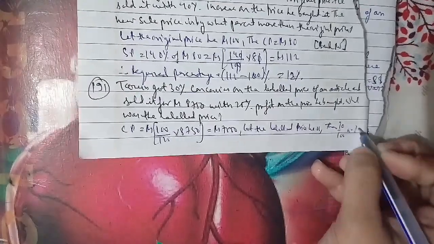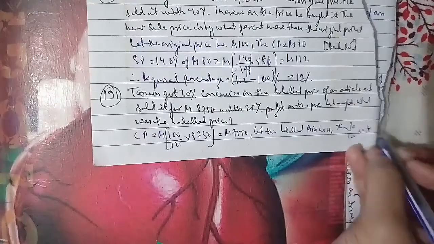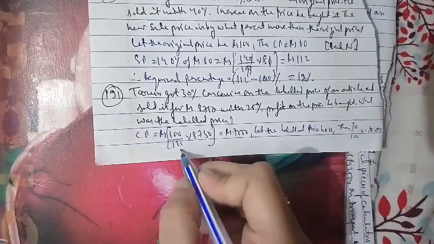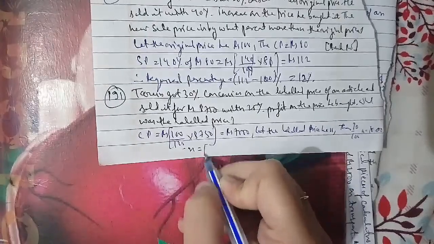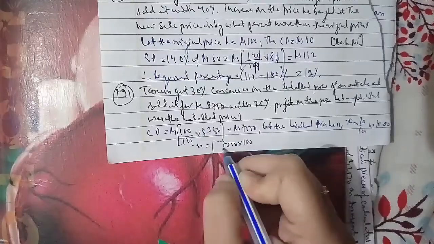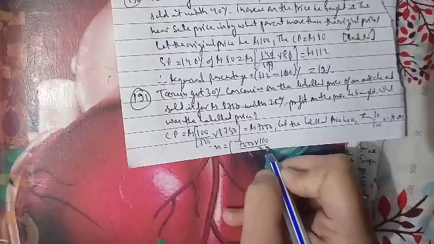The 0 is cancelled by 0 here, 7 ones are 7 and 7000 is 7000, which equals rupees 700 into 10, that is 10,000. That we get as the answer here.